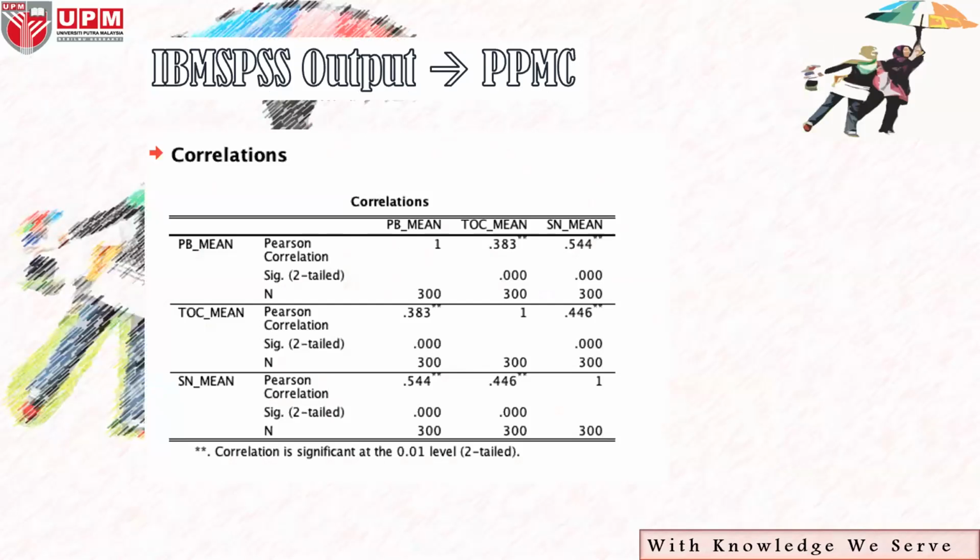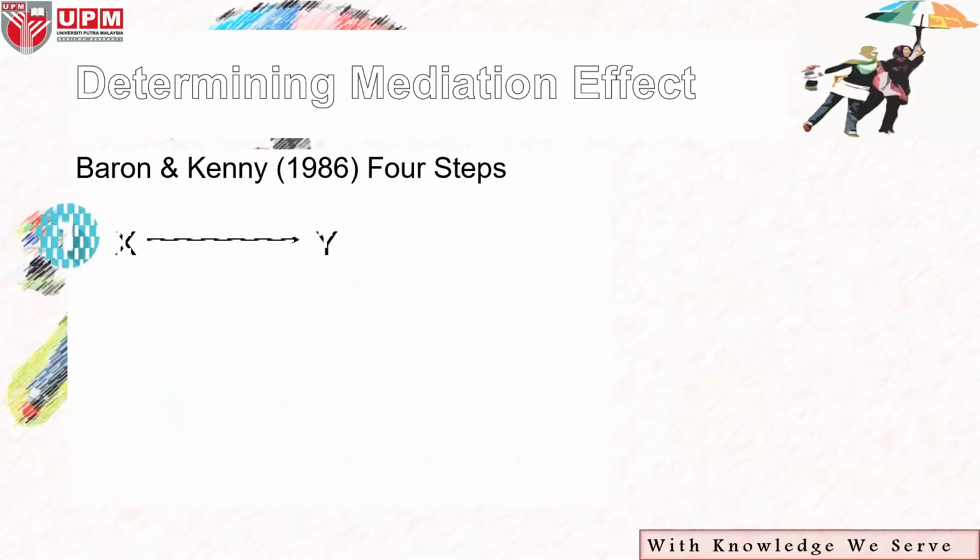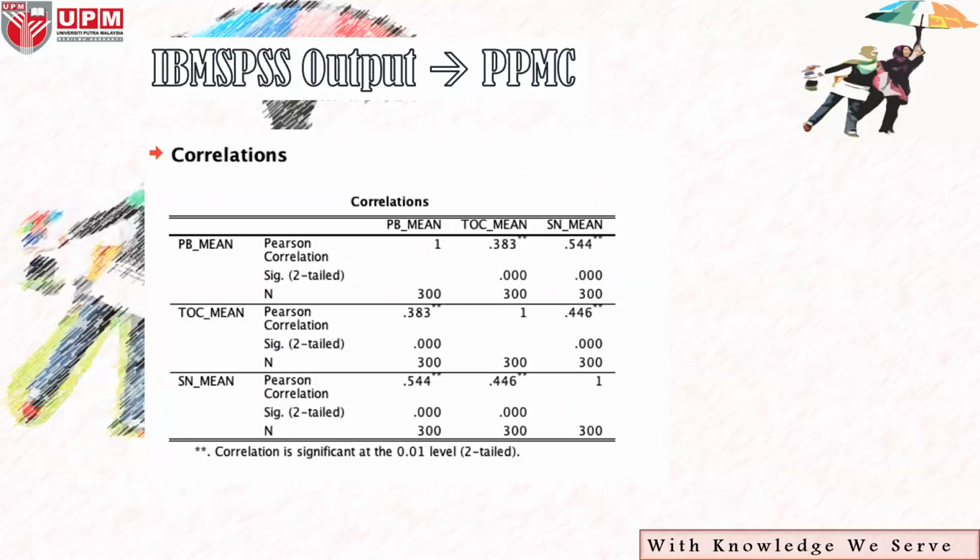Okay. So then this is the result. So we got the PPMC result. Okay, so ni the result dia. So determining the mediation effect. So now kita extract the value. So for 1, correlation between X and Y. Okay, so ini saya ambil daripada table ni.